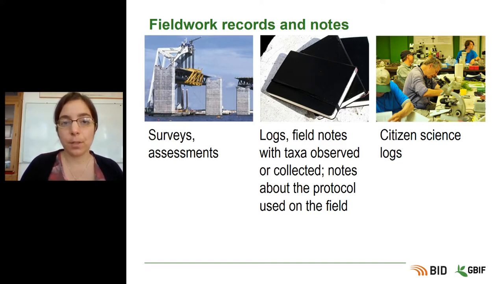Every type of information can be useful, and it's interesting to gather this type of information in logs or field notebooks. Then if you are part of a citizen science project, you can also have some citizen science logs that can be filled and sent by citizen scientists. So if you have those in your laboratory or institution, they can be useful for digitization.